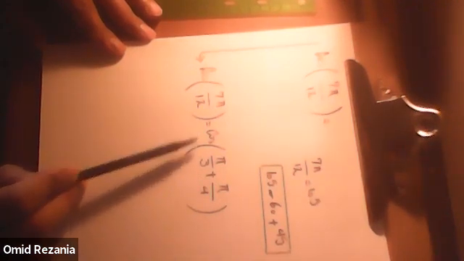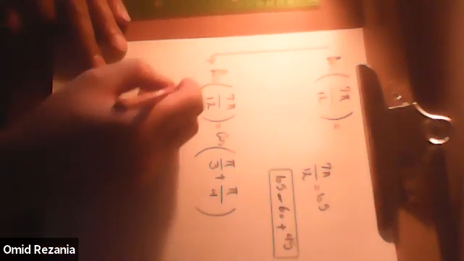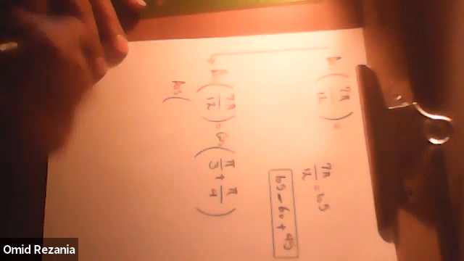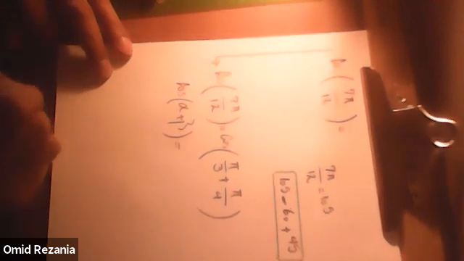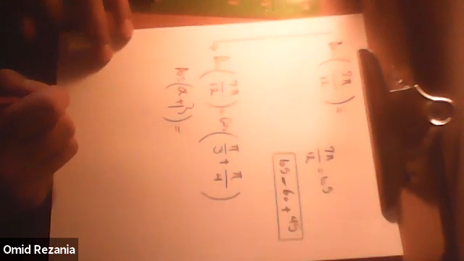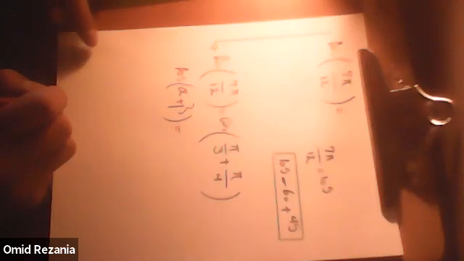I have to use the formula we saw a couple of minutes ago. Cosine of alpha plus beta equals cosine alpha multiply cosine beta minus sine alpha multiply sine beta.